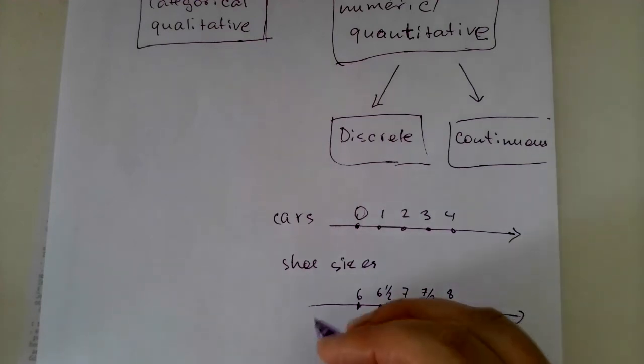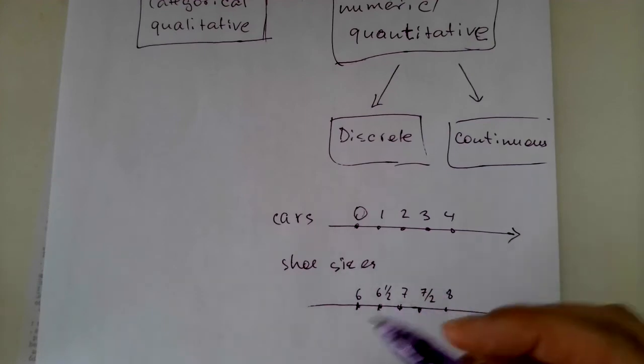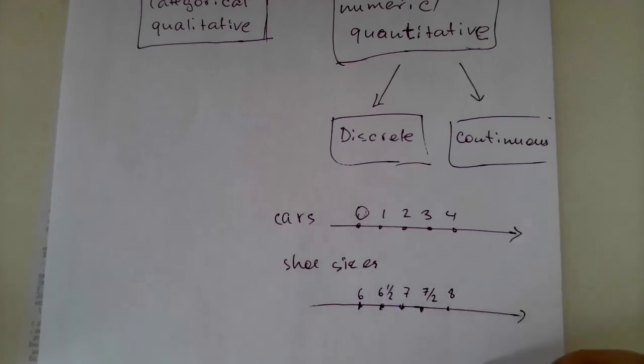For continuous data, we're going to have the entire number line.